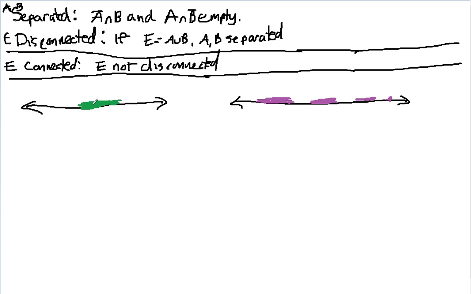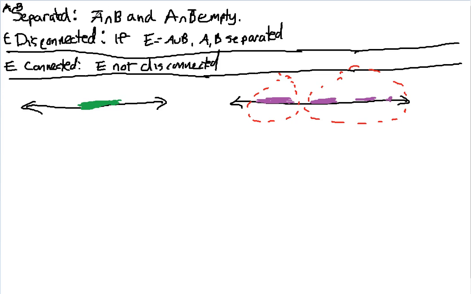We looked and we saw sets like this, we being mathematicians some time ago, and we said we want a way of describing when we have a case where the set looks like this green one versus this purple one. And what we came up with is we said, well, maybe if you can separate them into two subsets such that these don't overlap.